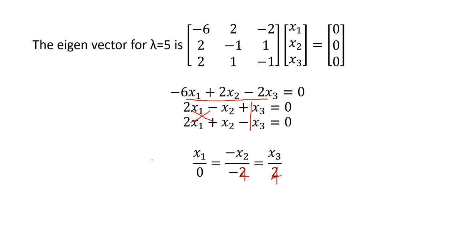So the eigenvectors are, if we divide throughout by 4, 0, 1, 1. So the eigenvector for lambda equal to 5 is 0, 1, 1.